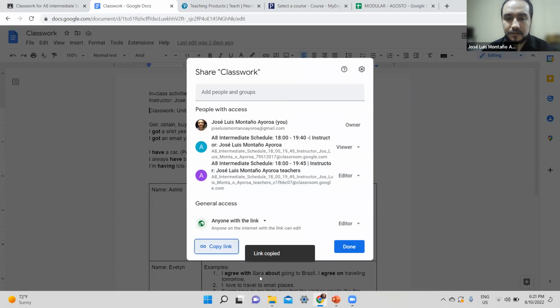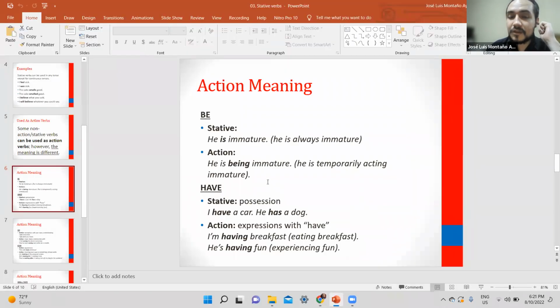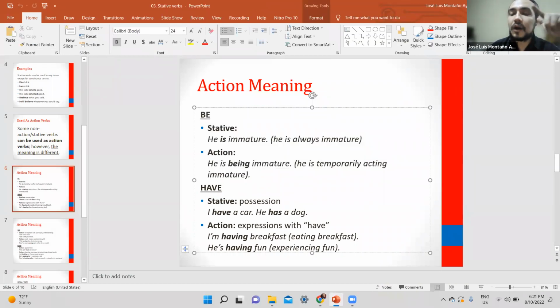And there you go. The link is in the chat. It's important that you understand because you are going to write the examples, Astrid and Evelyn, and after you write the examples, only with be, you have to explain why you are using the stative form and why you are using the action form.